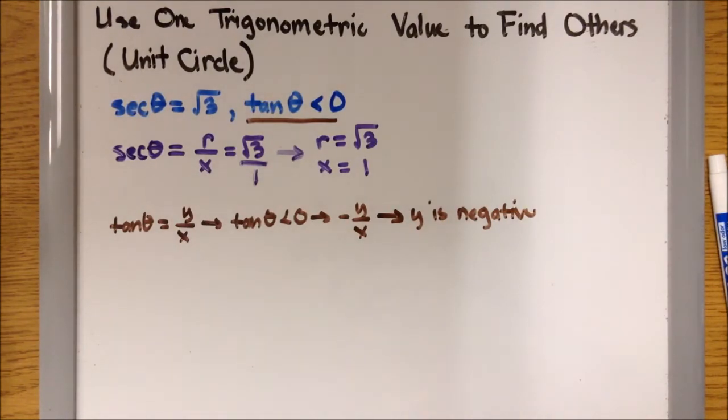So how are we going to find the value of y? Well, we have our r value and we have our x value. So the only way we can find it is using the formula for r. I'm going to write out the formula for r.